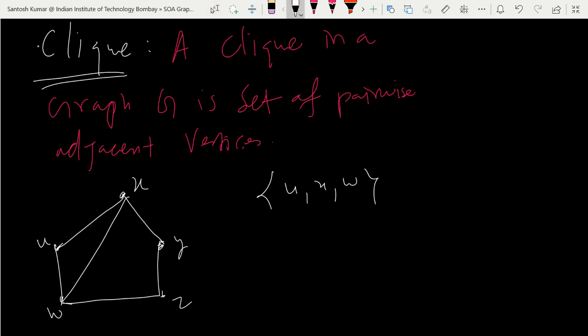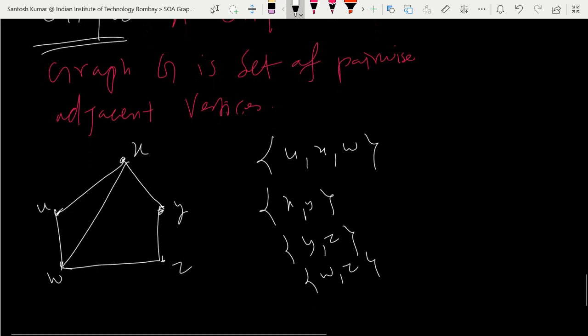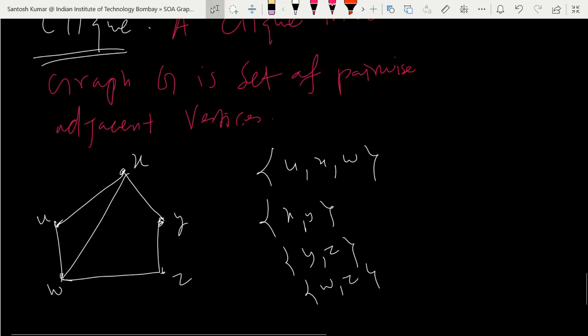Yes, UXW is one. Any other? Like you can make pairwise then. UXW is fine. Like you can make XY, you can make YZ, right? WZ. So adjacent vertices, right? Pairwise adjacent vertices. So if you write a set in which any two you take will be adjacent to each other, there will be an edge between these two vertices.